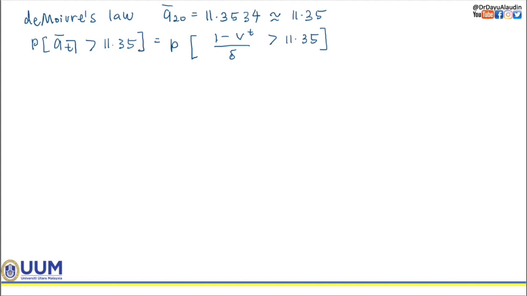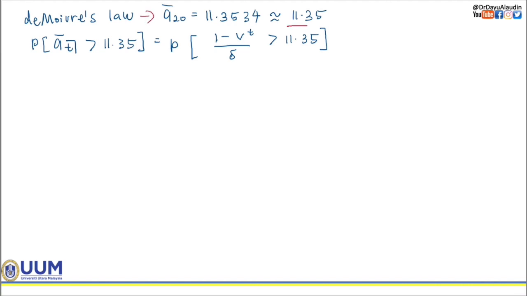And for the case where the present value is much greater than the annuities, now we look at the first case, de Moivre's law. Using de Moivre's law, the annuity is equal to 11.3534.